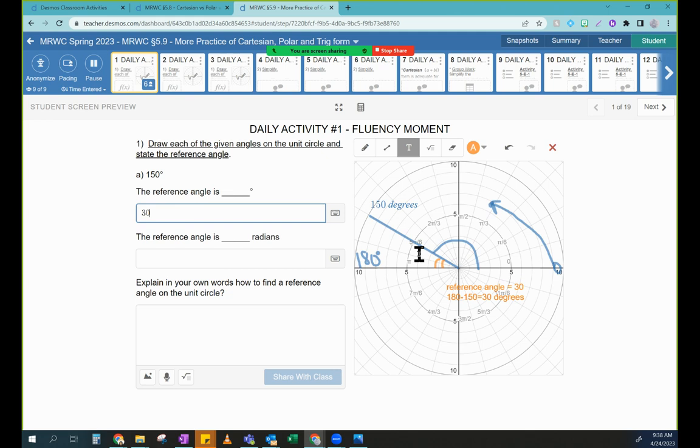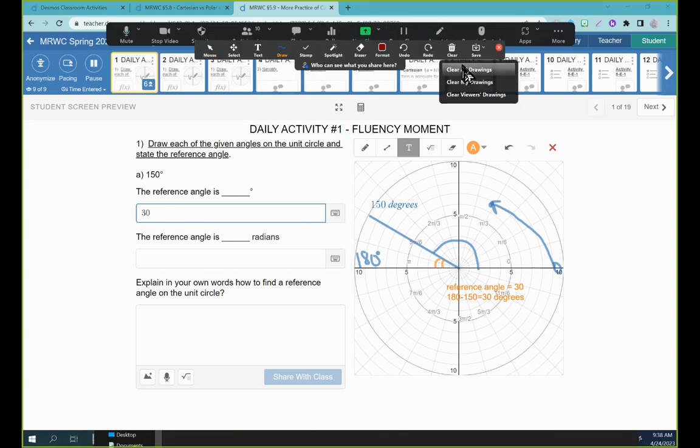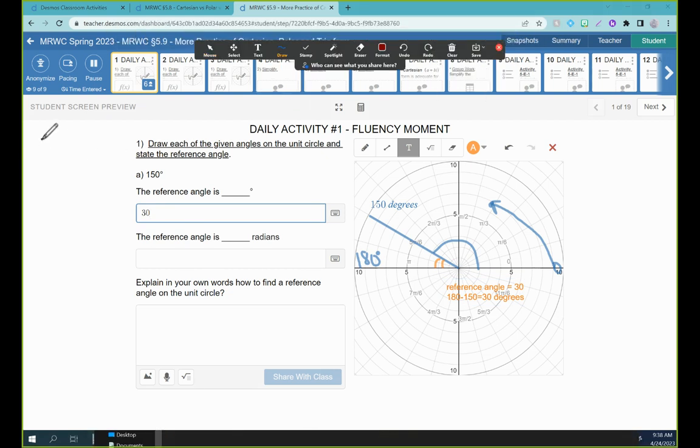Now we can convert this if you want to, but I'm going to show you a couple different ways to do it. Okay. So the fact that this is 30 degrees means, and this is just in my own head, I know that pi is equal to 180, right?